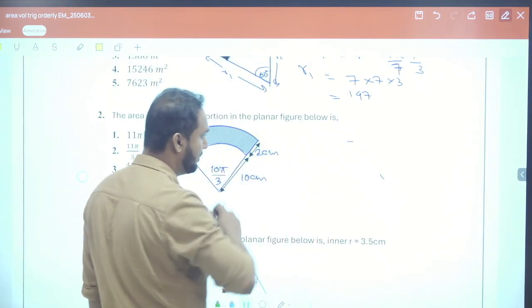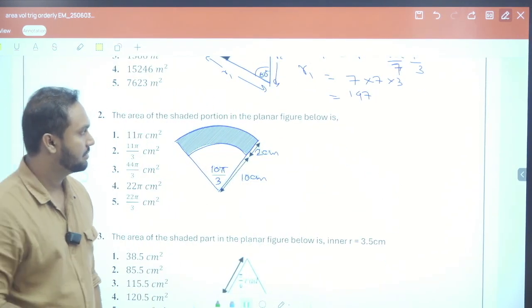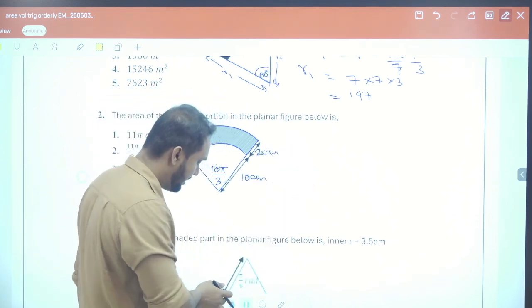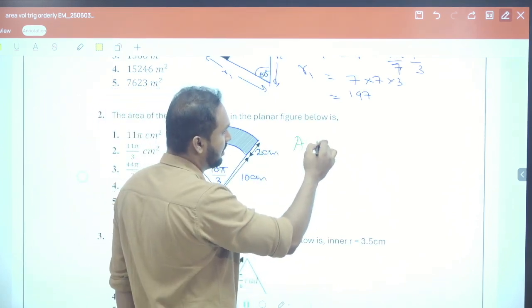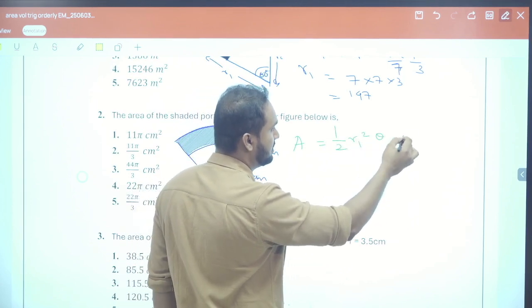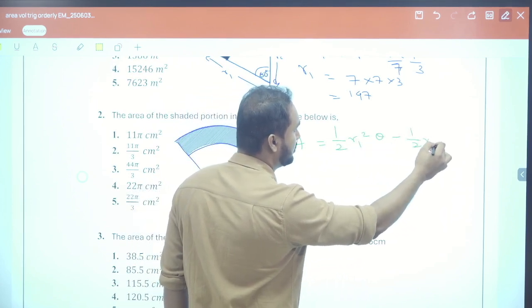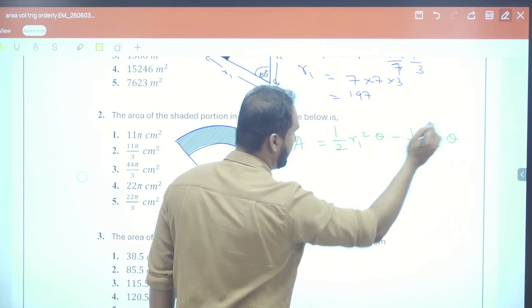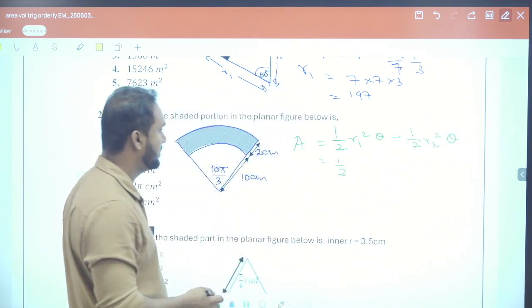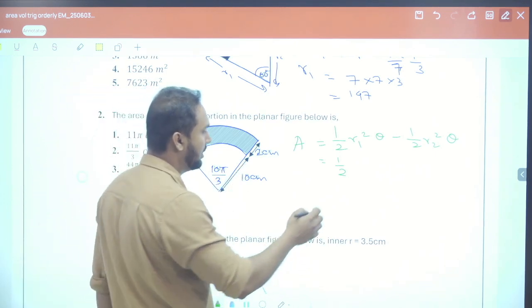Because we have all the values of theta and the radii, no? So the shaded area equals half r1 squared theta minus half r2 squared theta, right? So what is r1, the greater radius? 12.